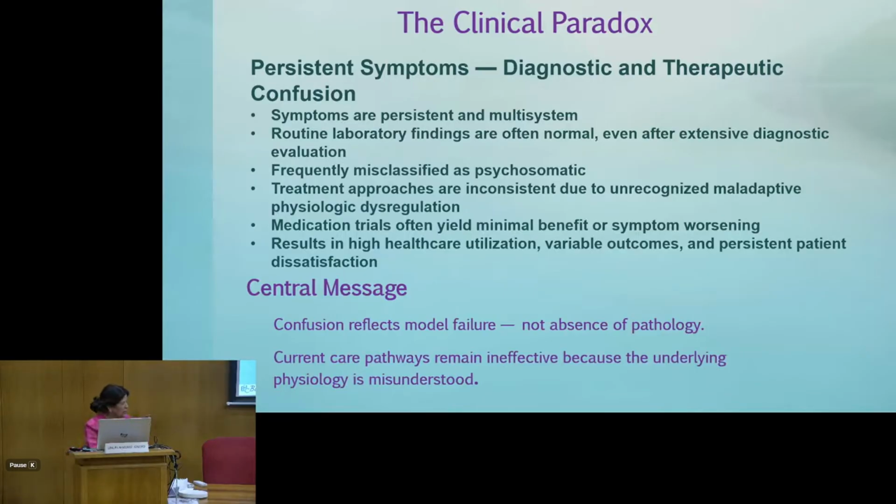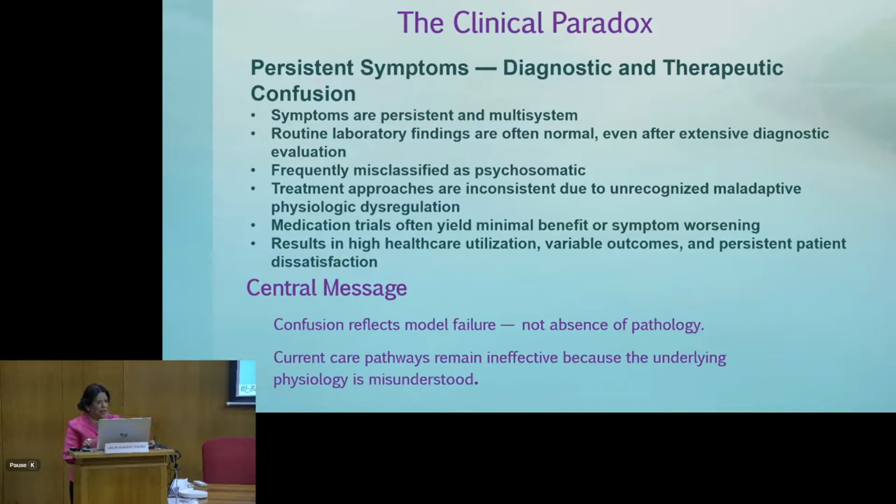It has been discussed yesterday, it has been discussed today, and I'm again emphasizing that these patients end up getting poor treatment because their treatment approaches are inconsistent, unrecognized, and maladaptive, and so the medication trials have minimal effect in conventional medicine.